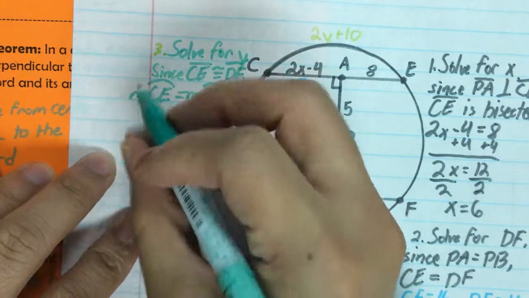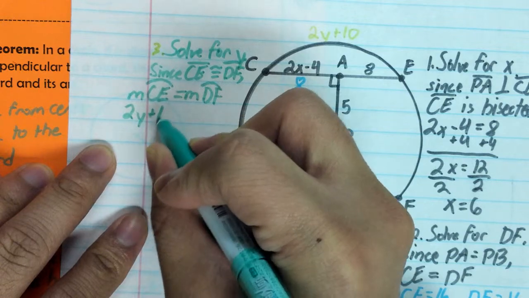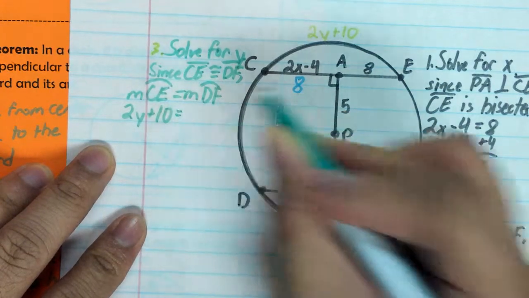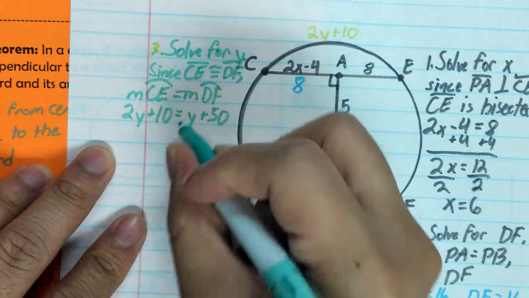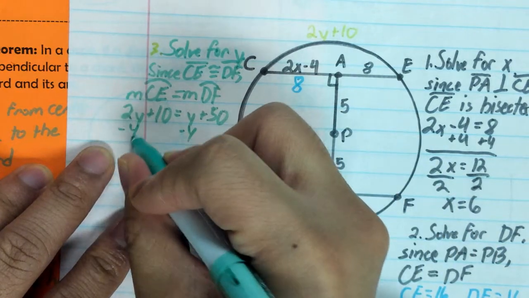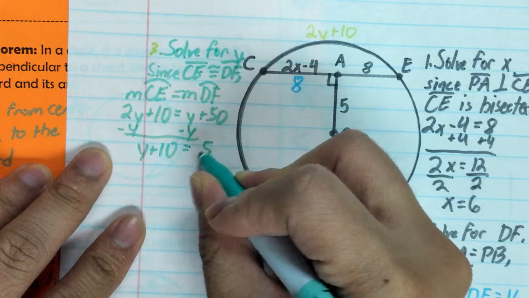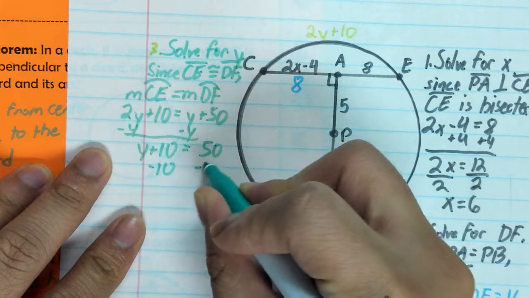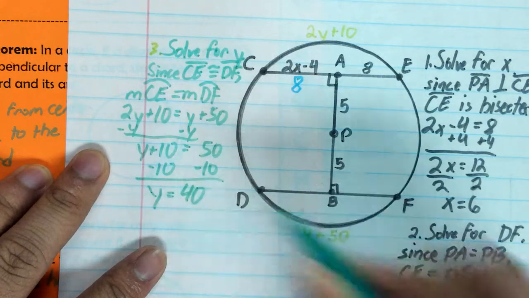So my equation now is 2y plus 10 equals y plus 50. And we solve for y. Minus y minus y. Y plus 10 equals 50. Minus 10 minus 10. Y equals 40.